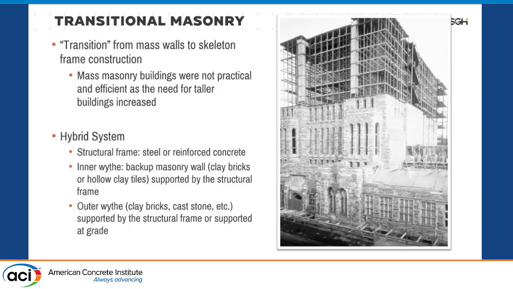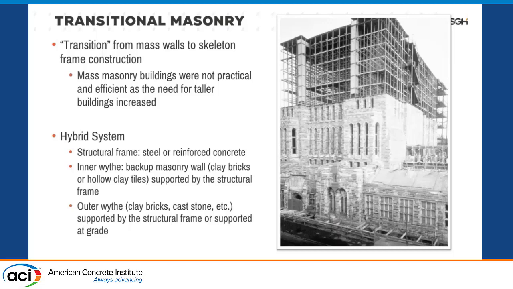The reason they were changing is because it was the desire to construct taller buildings, and mass masonry was not practical and efficient any longer, and people started to think about other systems, and that's why they were still keeping the masonry using structural steel frame.